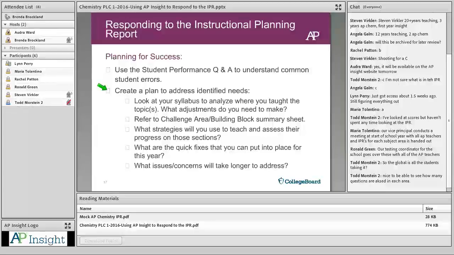Now, you would see, right, the student performance Q&A is something that the leaders put together after all of the scoring has been taken care of. So if you've gone to a conference, you might see what's called the chief reader do a presentation about things that were common student errors.